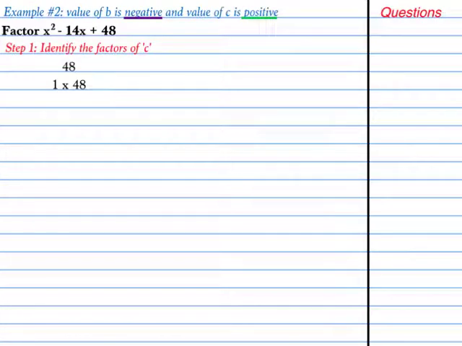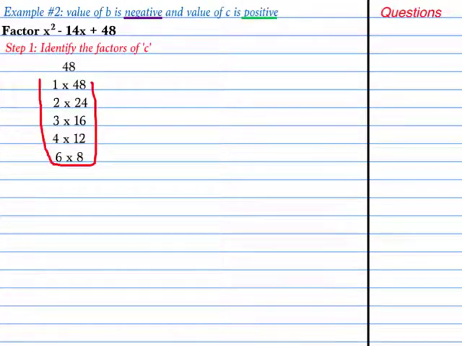We're going to have 1 times 48, 2 times 24, 3 times 16, 4 times 12, and 6 times 8. My next factor would have been 8 times 6, so that caps it. So here's all my factors that multiply to give me 48.